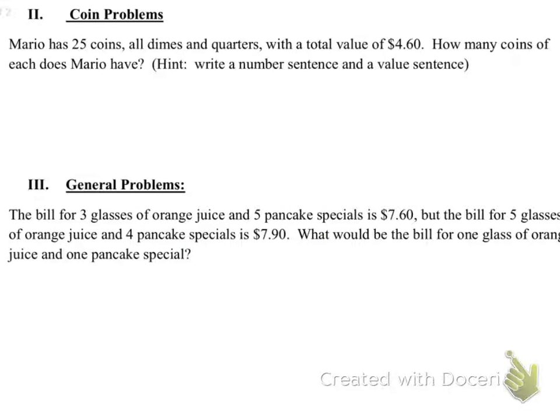So if you read through this problem, Mario has 25 coins, a mixture of dimes and quarters. And then the value of all these coins is $4.60. So there are two equations here. Okay, first let's define the variables.